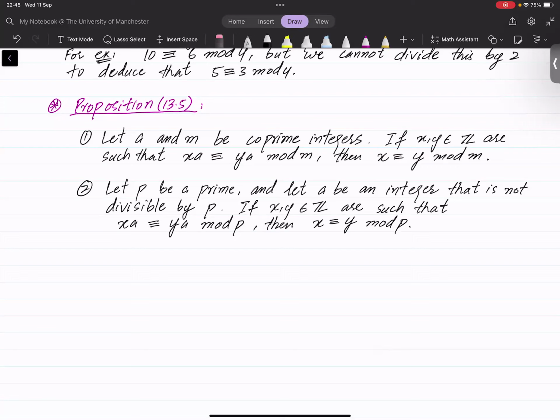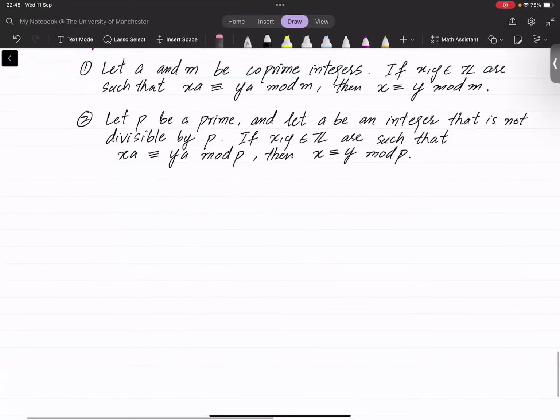So if p is a prime and a is an integer that is not divisible by p, then they are co-prime to each other. So if xa is congruent to ya mod p, then we can write x congruent to y mod p. Perfect. It is very good.